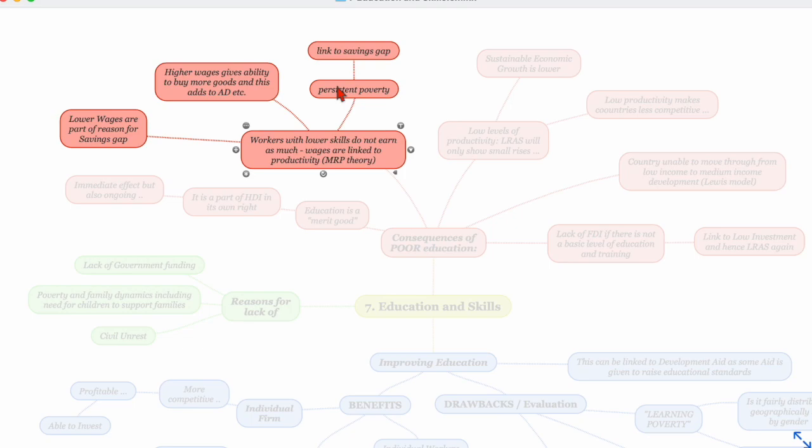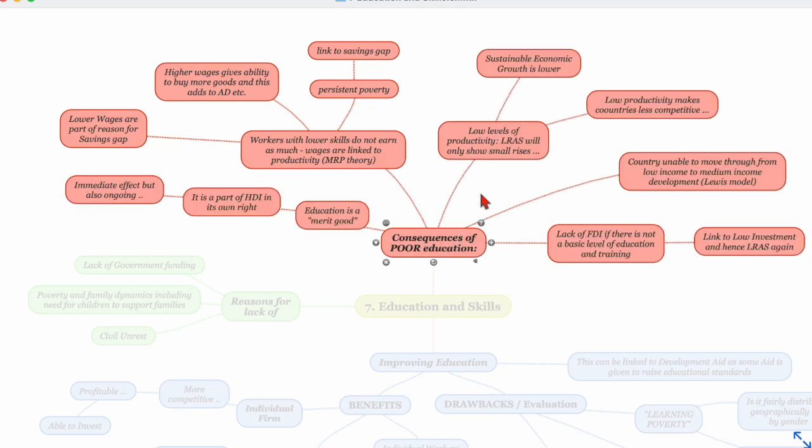You have persistent poverty, and higher wages are going to give the ability to buy more goods, and so these workers with a poor education are not going to be able to enjoy being able to buy so many goods, and so that's another reason why poor education does lead to a lack of economic development.